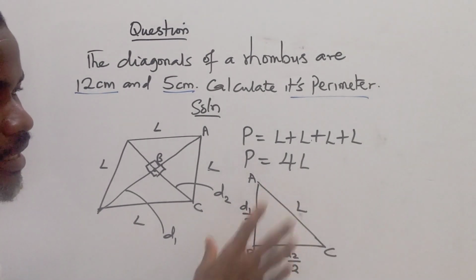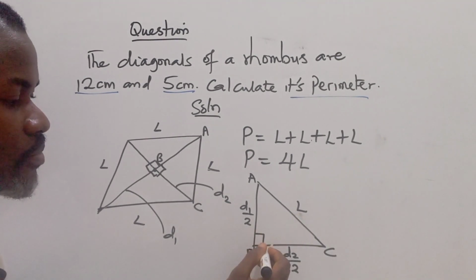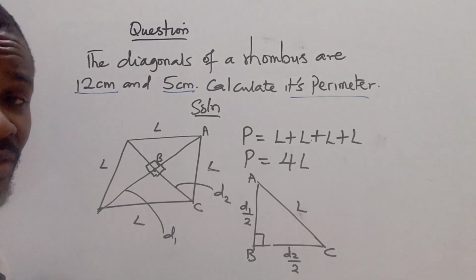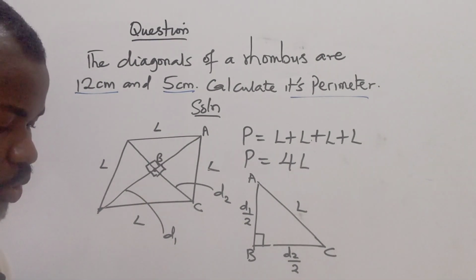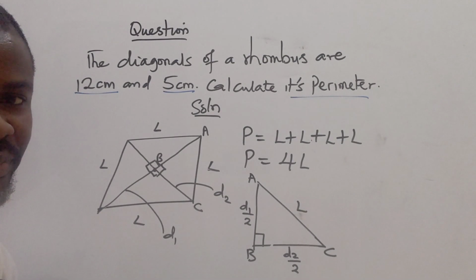Having gotten this, we can now solve for L. And what do we apply here? Remember, the diagonals intersect at a right angle. So this gives us a right angle triangle. So it means we can apply Pythagoras theorem to this.